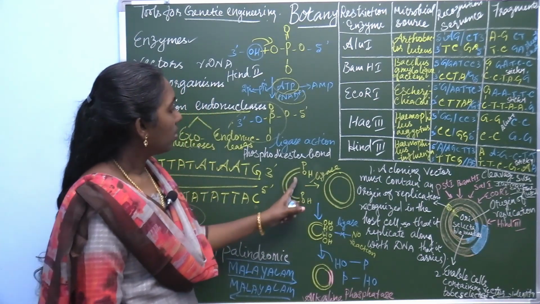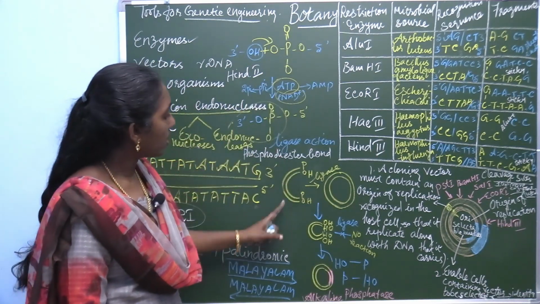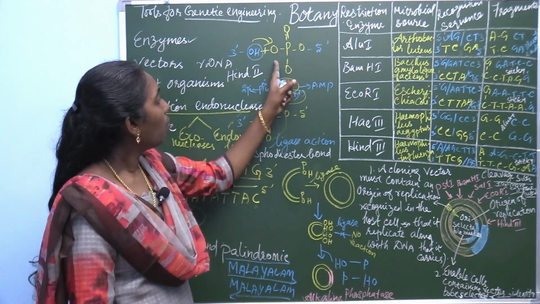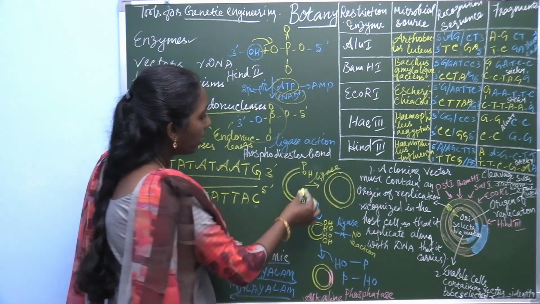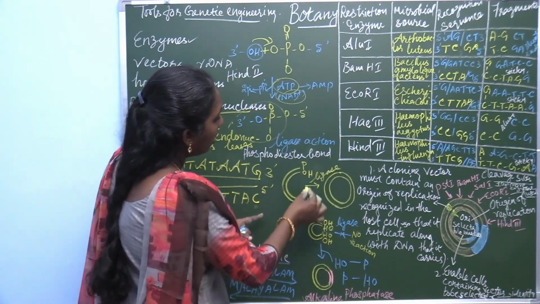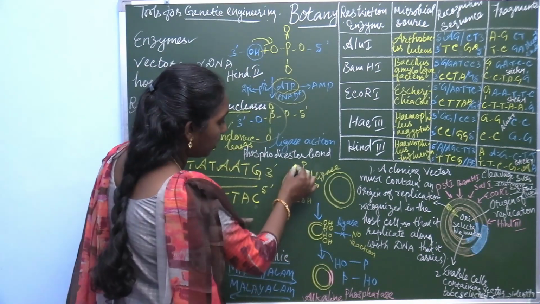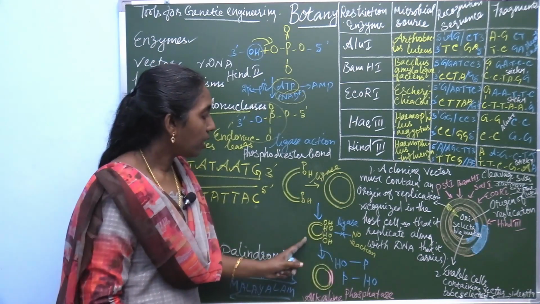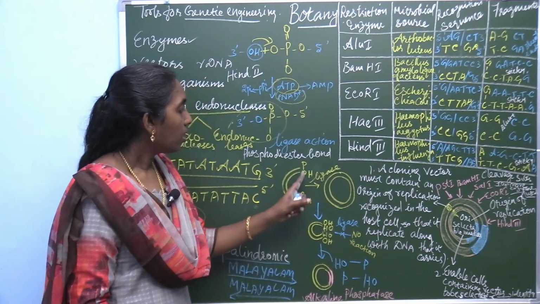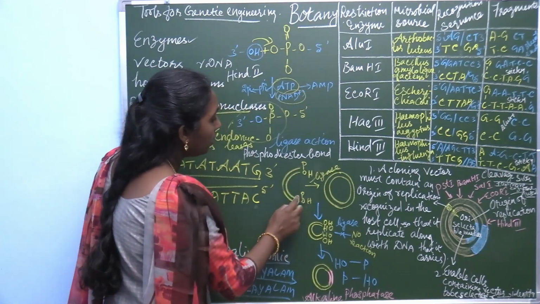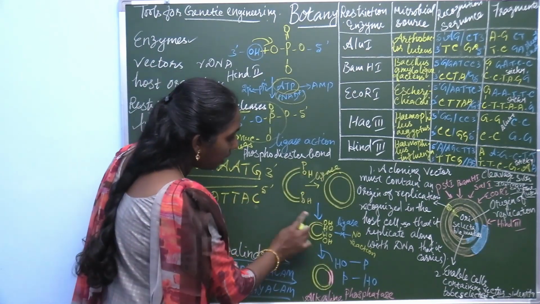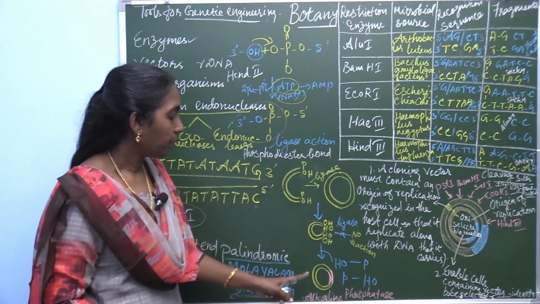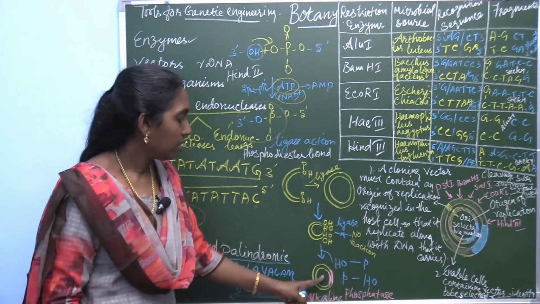Look at this. Here is the ligase enzyme, which joins this phosphate PO4 and OH. If the sequence is the correct sequence, it joins. But here there is no reaction, because here it is OH and here OH, not complementary like PO4 and OH.